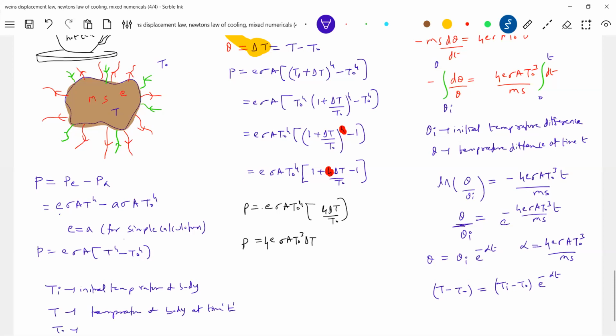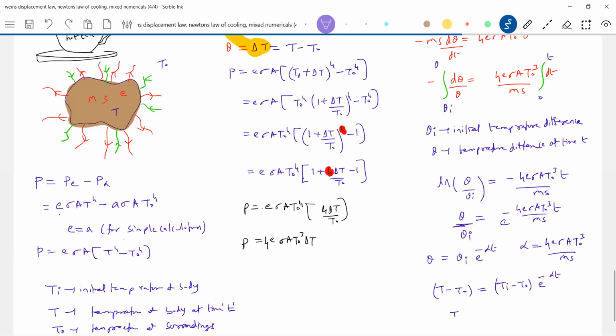Now what is T naught? Temperature of surroundings. Okay, like this, can we plot this graph? Put t equal to 0. So this will be further.